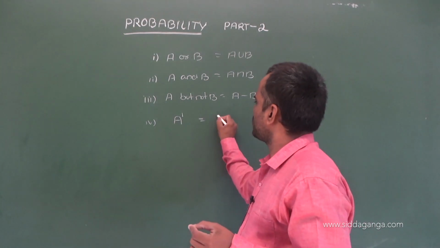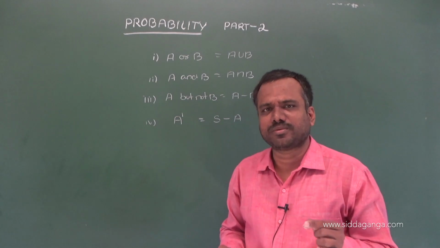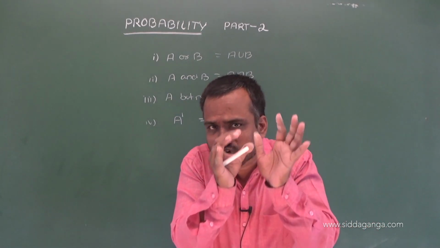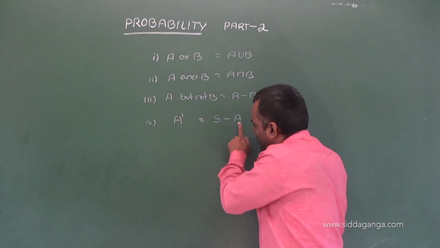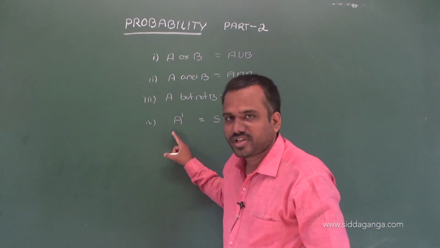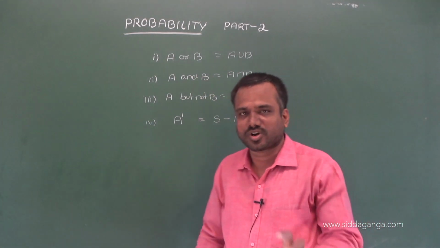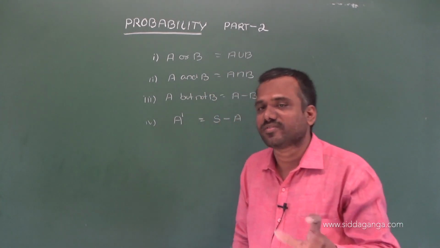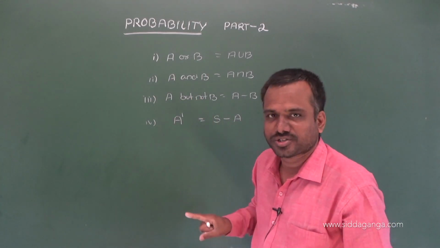That is exactly S minus A, the elements which are present in the sample space but not present in the given event. So these four operations are called operations of events: A or B, A and B, A but not B, A dash.